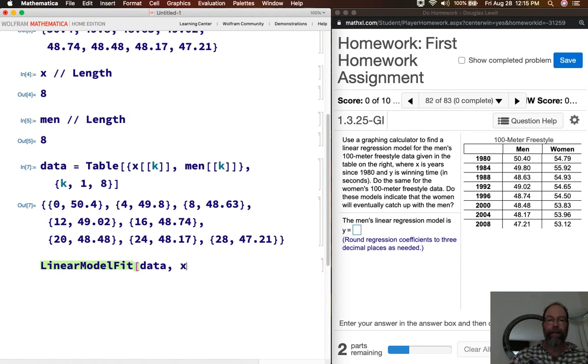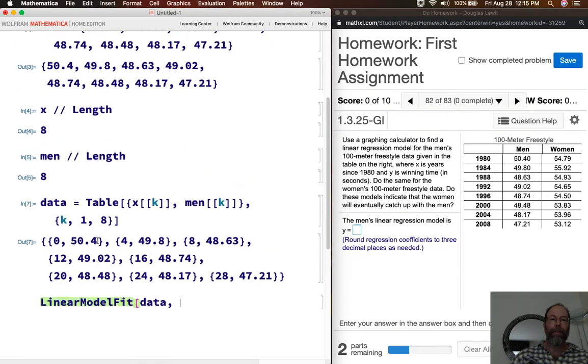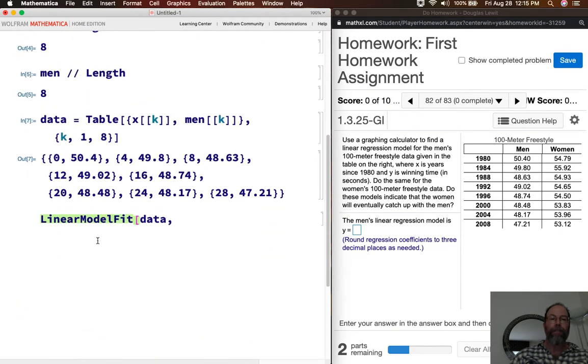We cannot use X because we're using it up here. So let's make up another letter. How about T? And we have to use it twice. And we're going to store this in a variable. I'll call it solution. Shift Enter.